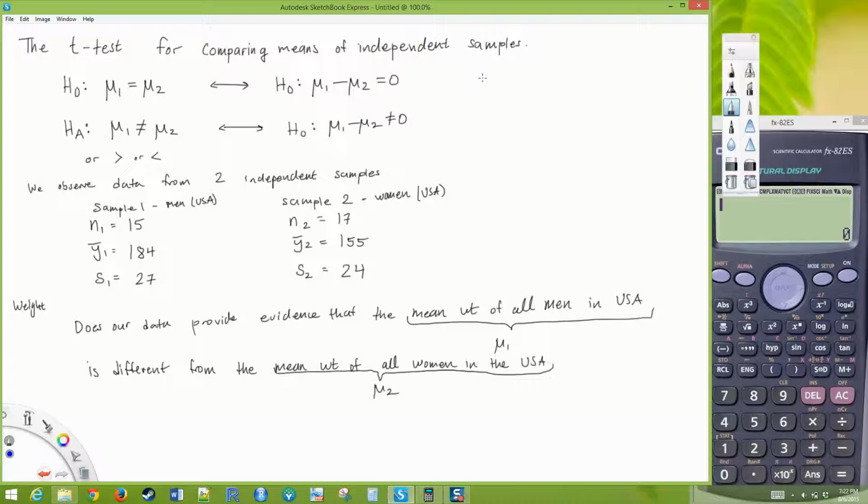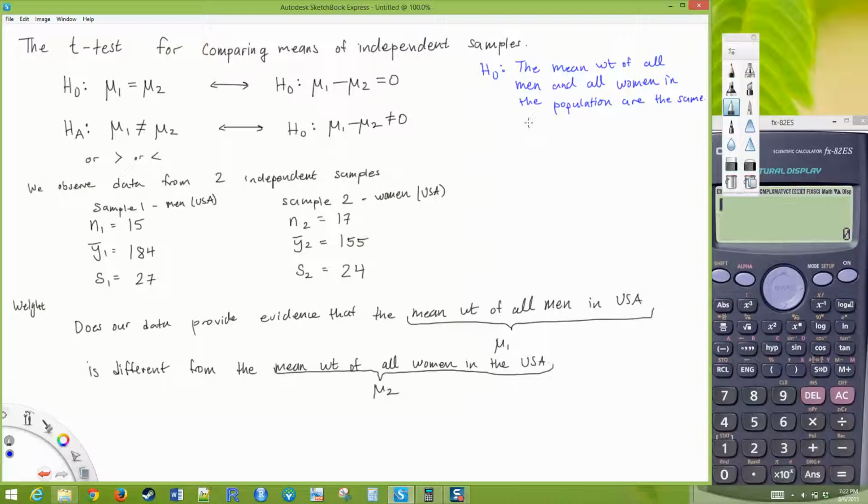So the null hypothesis essentially says the mean weight of all men and all women in the population are the same. That's essentially what mu1 equals mu2 says.